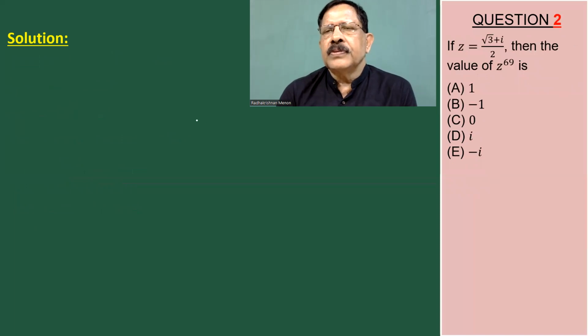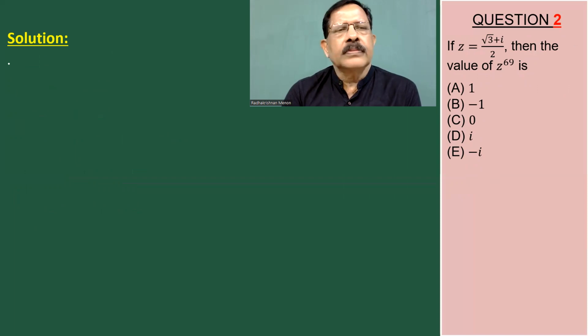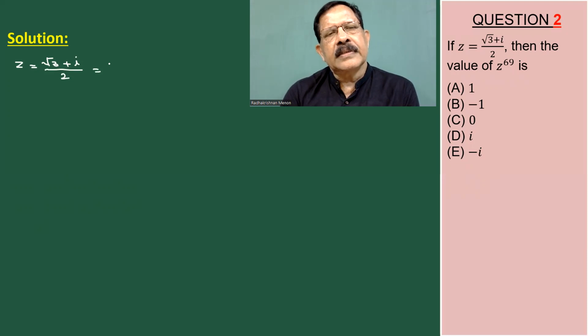Z equal to (root 3 plus i) by 2. I am separating this: it is root 3 by 2 plus 1 by 2 i.